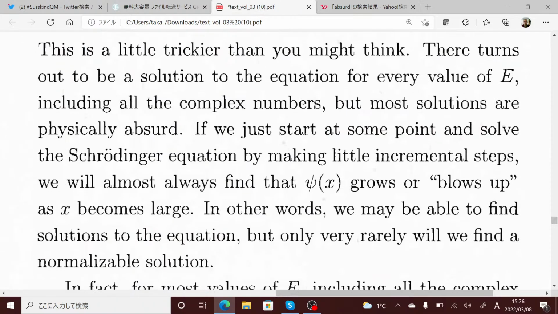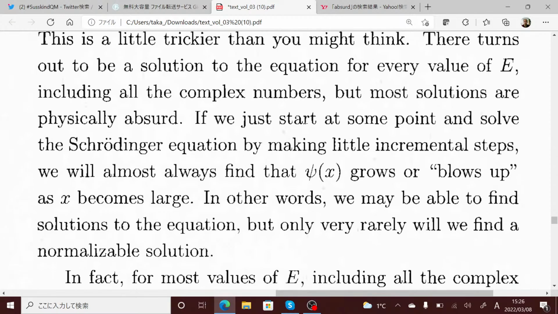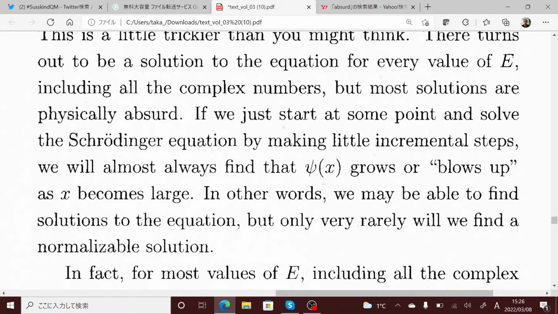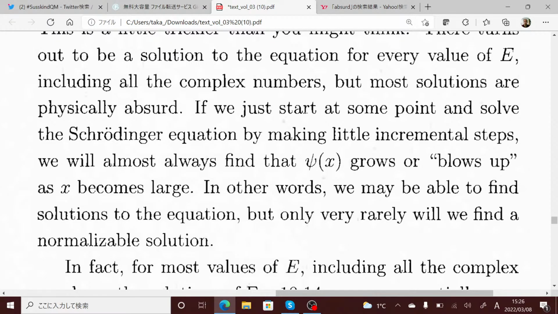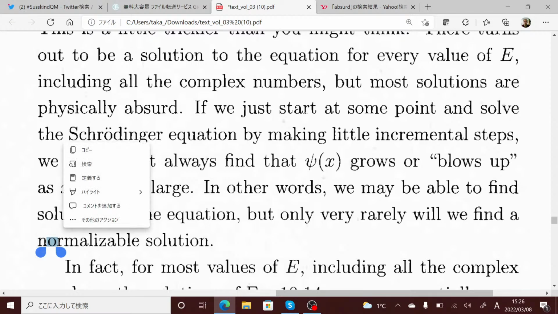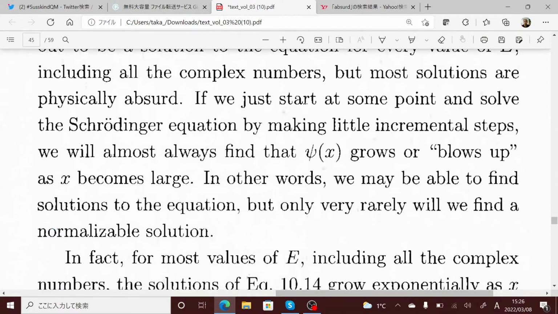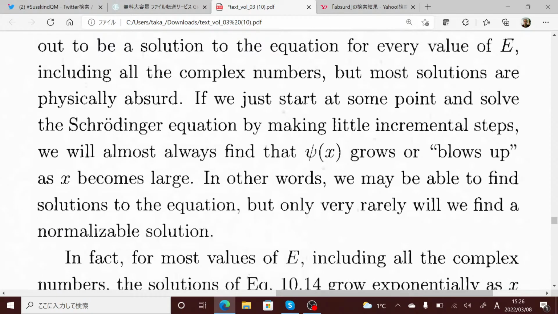If we just start at some point and solve the Schrödinger equation by making little incremental steps, we will almost always find that psi grows or blows up as x becomes large. In other words, we may be able to find solutions to the equation, but only very rarely will we find a normalizable solution.